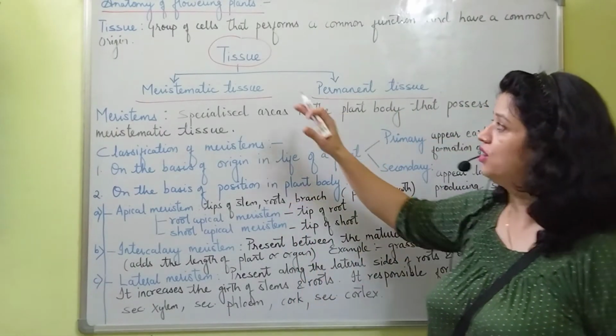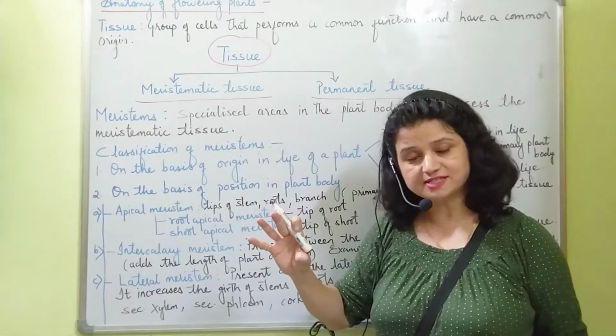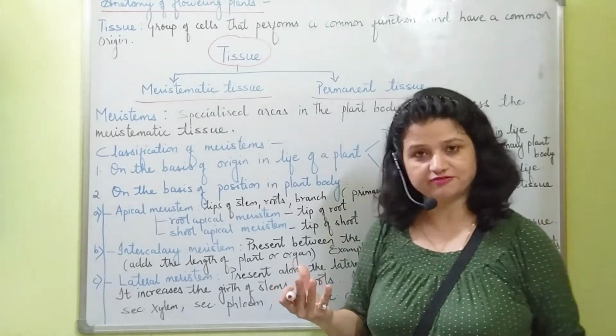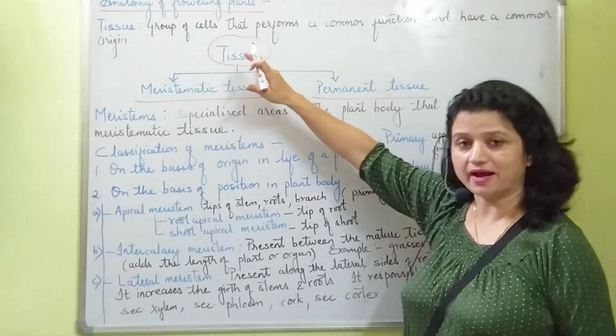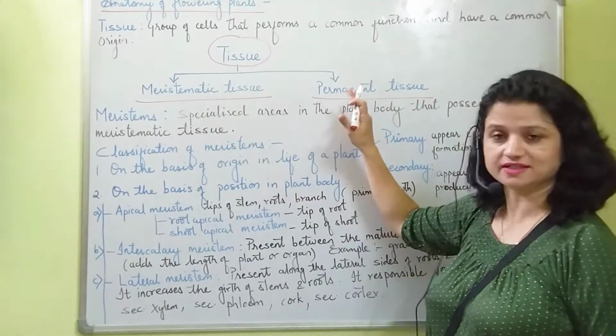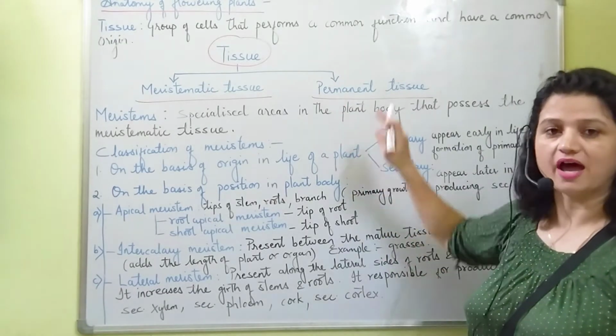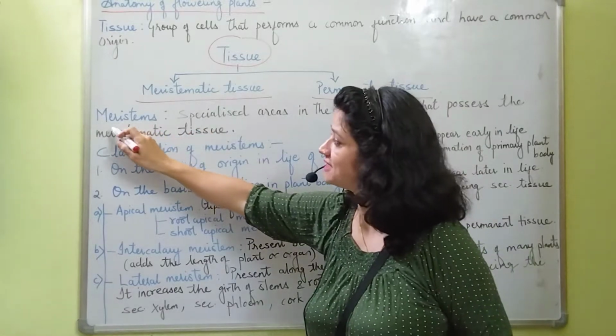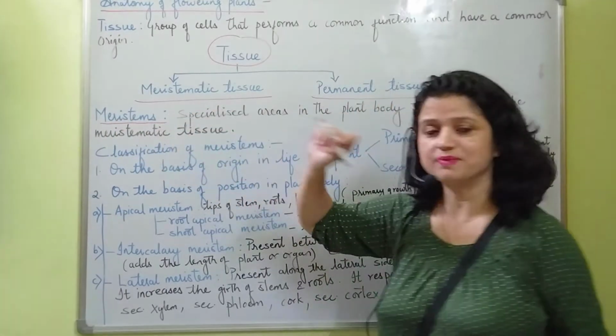So here we saw that tissue is the group of cells. They have a common origin and perform a similar function. Plant tissue is classified into two categories, meristematic tissue and the permanent tissue. Now, we should know the term meristem. What is meristem?